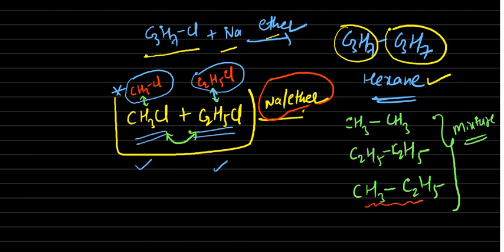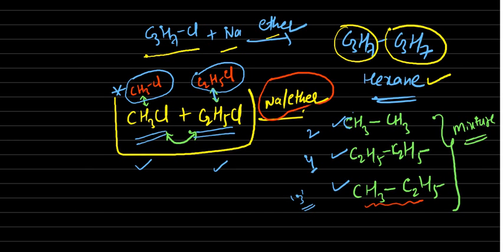So there are 3 probabilities, giving 3 products: methyl plus methyl, ethyl plus ethyl, methyl plus ethyl. This is the 3 carbon odd chain, this is the 2 carbon chain, this is the 4 carbon chain, right?